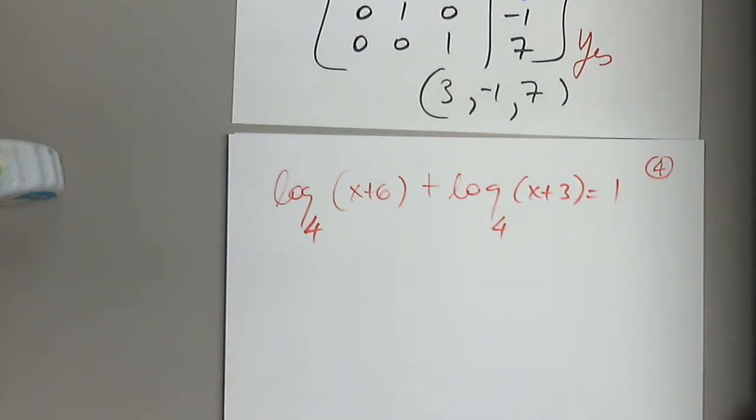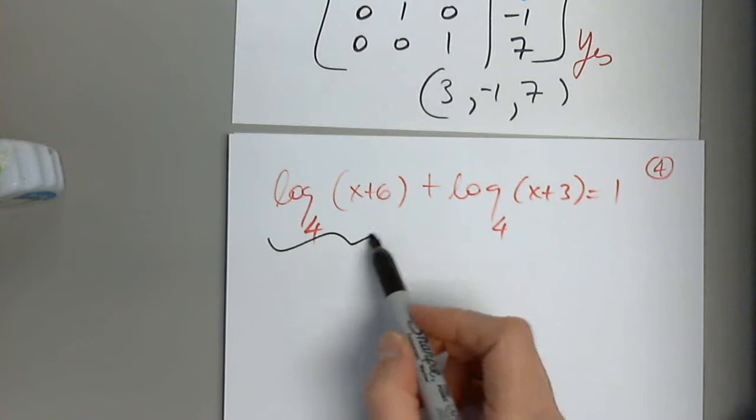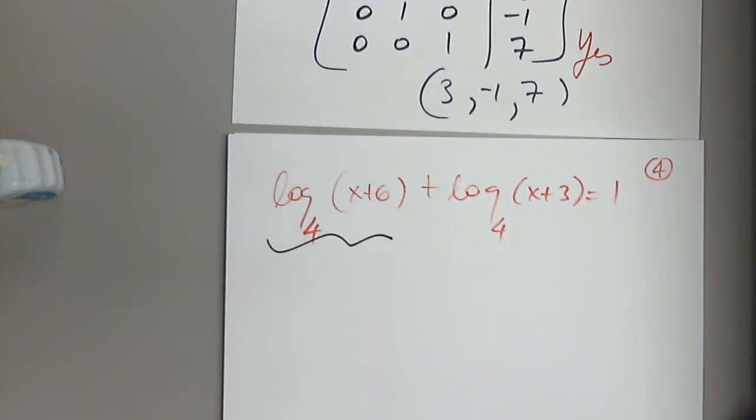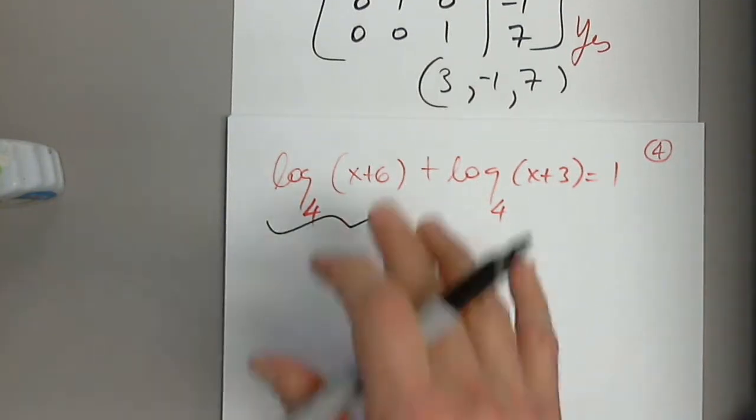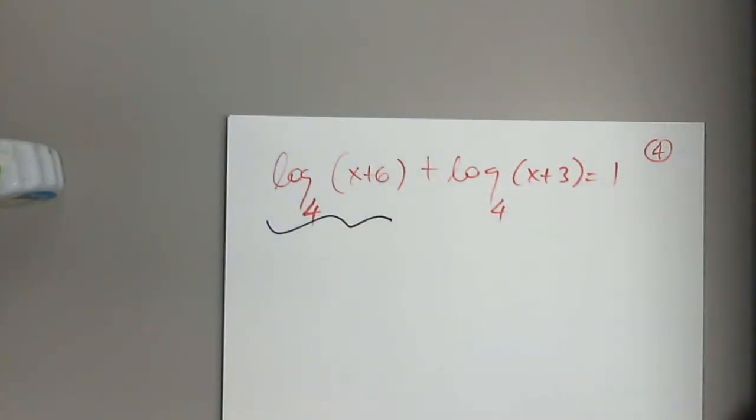Very good. So I recommend writing domain and common domain and then condensing. So what is the domain of this? What do I have to write for this function to exist? I have to write a condition. What is the condition that I have to write and solve?